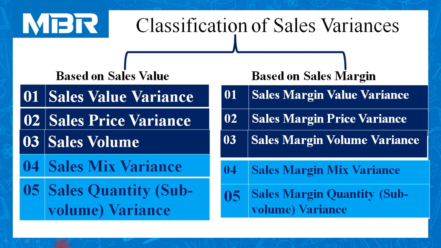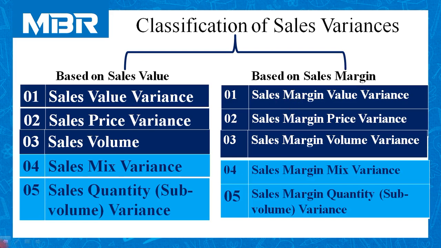If you check the different variances, you will find a minor difference in the title of all 5 variances. Between sales value variances and sales margin variances, the only difference is that we need to add the word margin to each and every variance. So you can easily remember the variances.